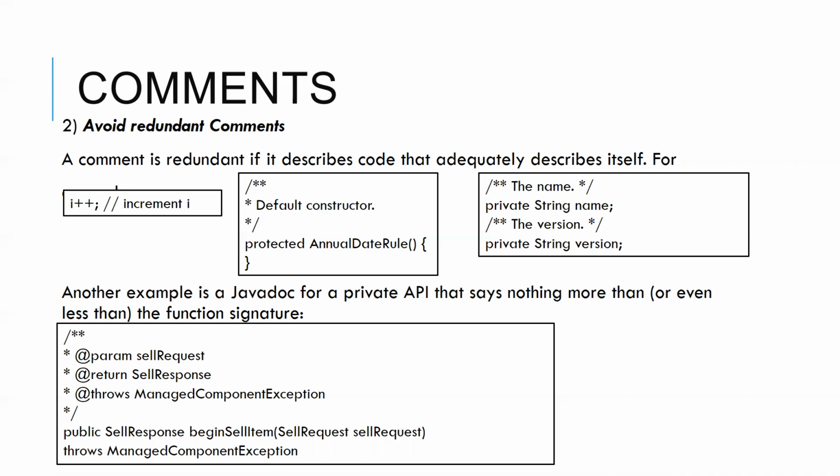It returns cell response and it throws managed component exception. Now, if you look at the definition of the function, all these three things defined by the comment above are clearly visible just by looking at the function definition. So it does not convey anything extra and is redundant. So we should avoid writing redundant comments and increasing the lines of code.